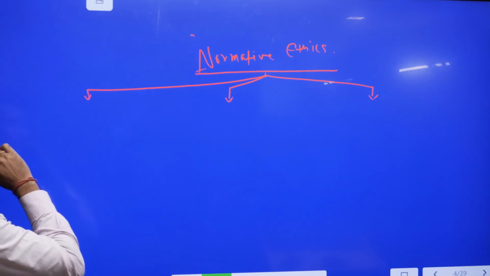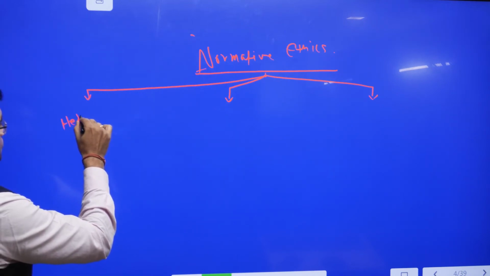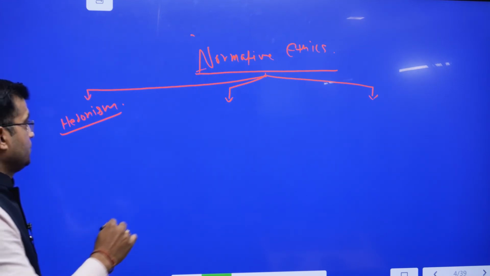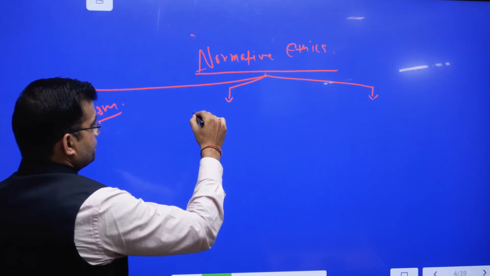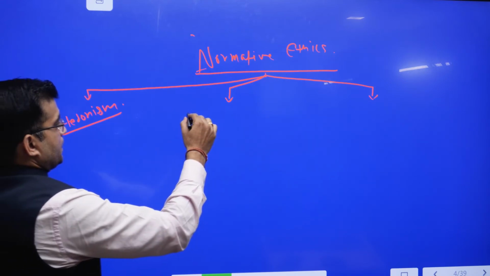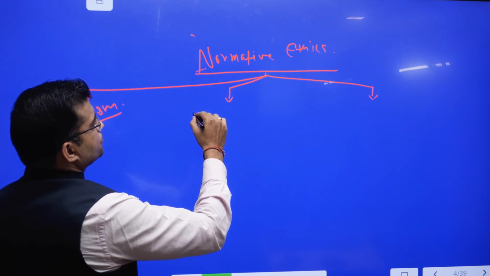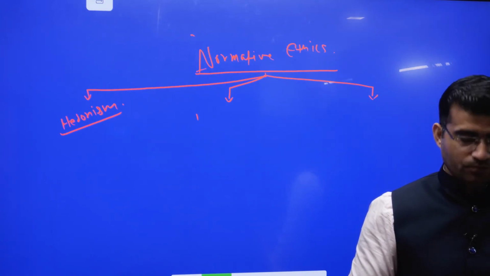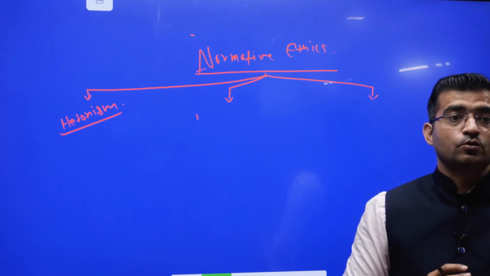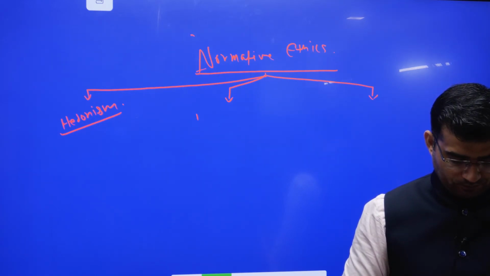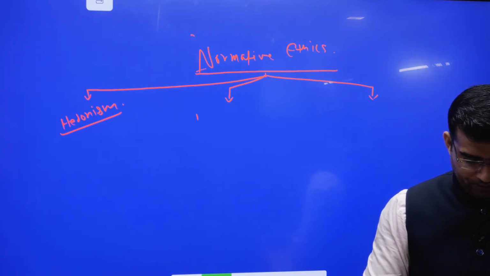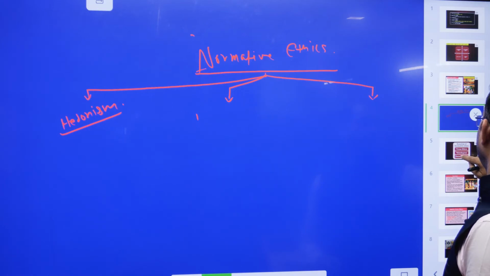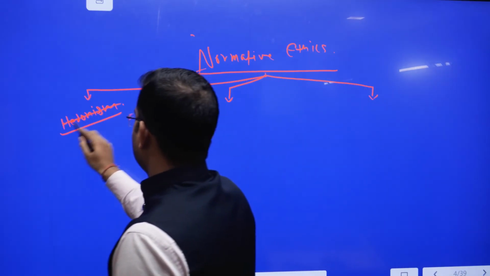First one is called hedonism. Hedonism is part of teleological.